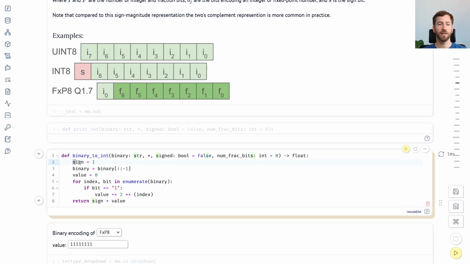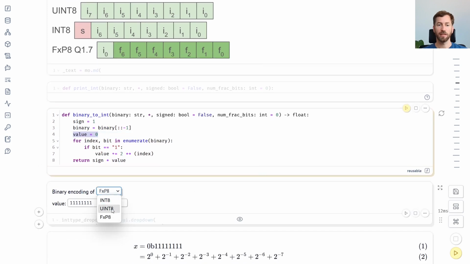So the first thing that we do is we set the sign to be positive because it's an unsigned integer. Then we reverse the sequence of bits, because for data types, we read from right, the least significant bit, to left, the most significant bit. We initialize the result to 0 and then we iterate over all these bits. And whenever a bit equals 1, then we add to the result 2 to the power of the index of this bit.